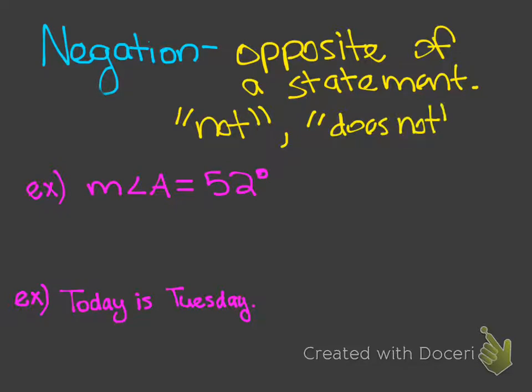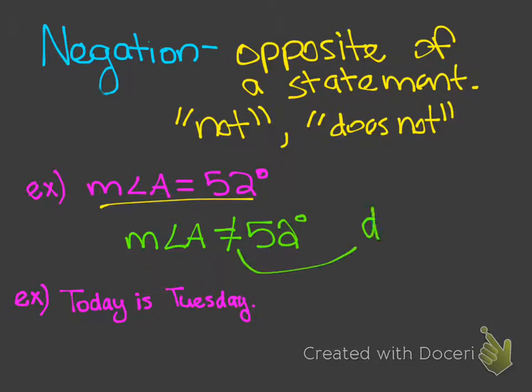That usually is what negation is going to look like for us. So let's look at the first statement, and we want to negate this. So it says the measure of angle A equals 52. So the opposite of the statement would be that the measure of angle A does not equal 52. Okay, this symbol just means does not equal.